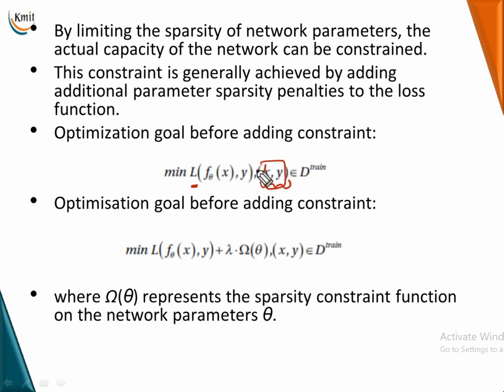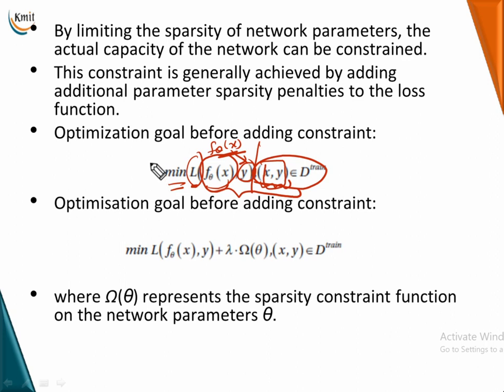You try to find the loss between f theta of x, which is your predicted output, and your actual output. You try to minimize this loss function, correct? This is your optimization goal, where x and y belong to your training data set.